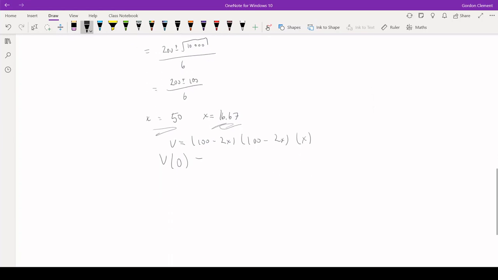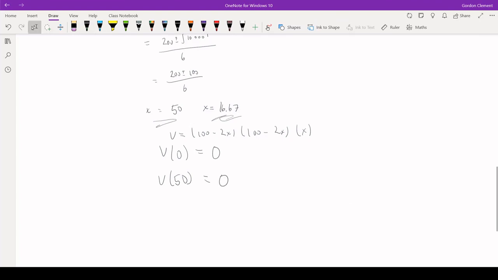When I plug in 0, that x at the end is 0, and I'm multiplying, so the volume is going to be 0. When I plug in 50, the first two brackets are both 0, so I'll multiply and get 0. And when I plug in 16.67, I should get a wonderful answer.